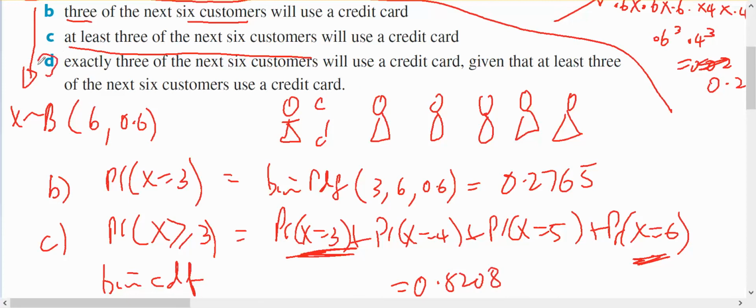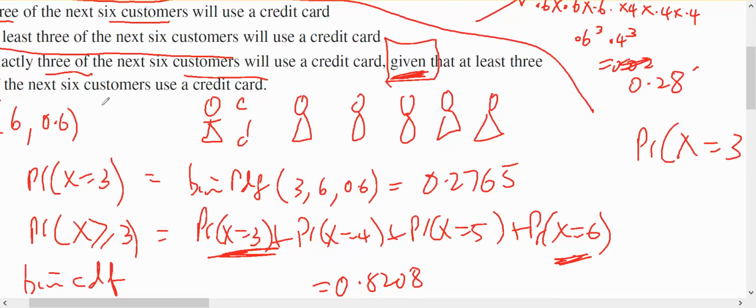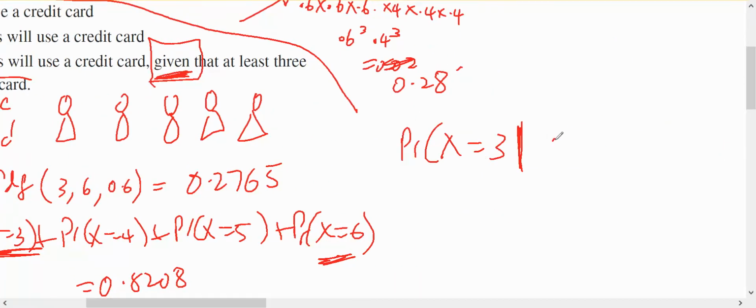And then part D, I can see a big fat given word there, which means I have a conditional. Exactly 3 of the next 6 customers will use a credit card, given that at least 3 of the next 6 customers use a credit card. So it's the probability that x equals 3 given that x is 3 or more.